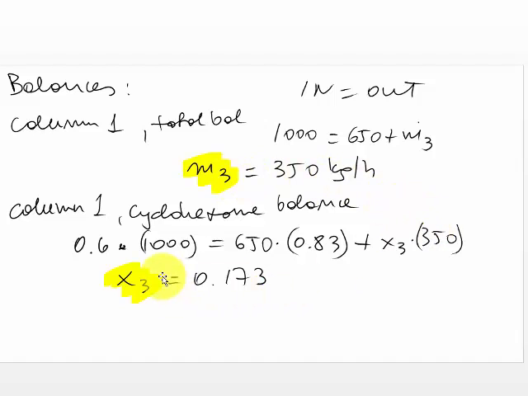After substituting the numbers, X3 is equal to 0.173, which is 17.3%. That's the composition of cyclohexane, kilograms of cyclohexane per kilogram.